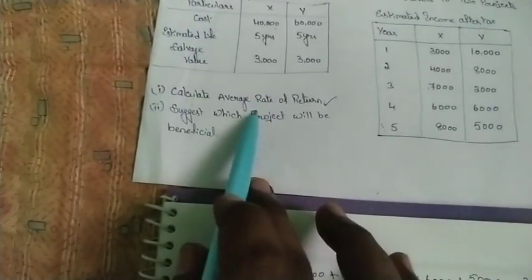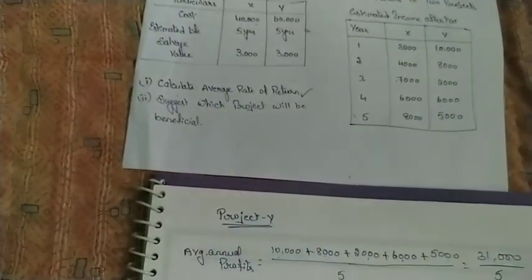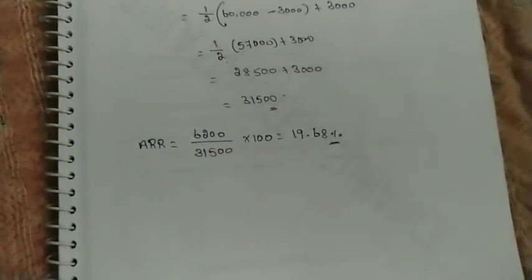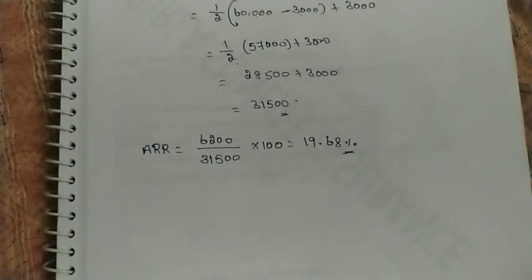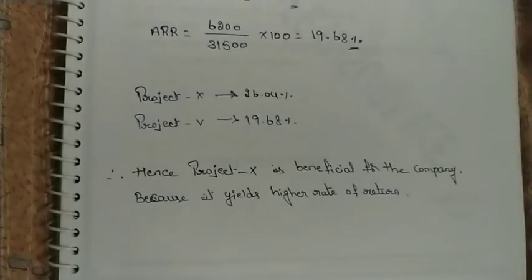The first question is completed, and the second one asks you to calculate which project should be beneficial. According to accounting rate of return, the project which gives the higher rate of return will be considered the beneficial project.